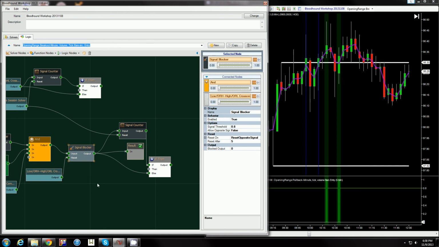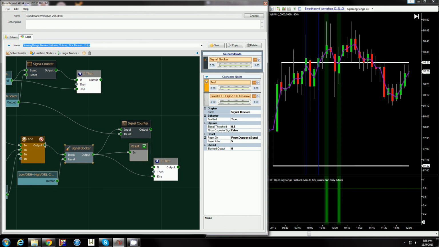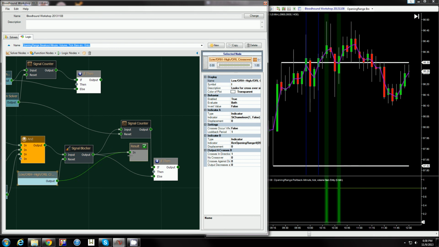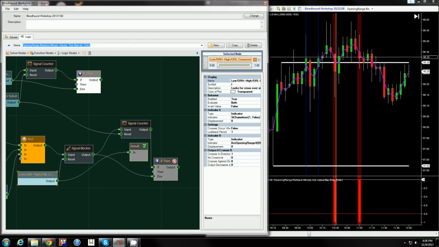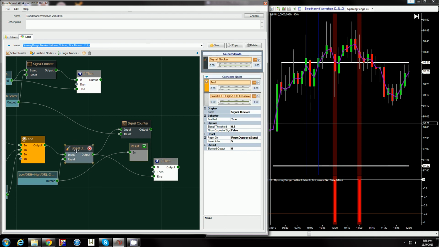With the signal blocker, we have the input connection and the reset connection, and we are resetting the signal blocker from the reset connection, so we've chosen reset. On the opposite signal, this is giving us a signal when the low breaks back inside the opening range, it gives us a short signal. So that opposite signal is going to reset the blocker.